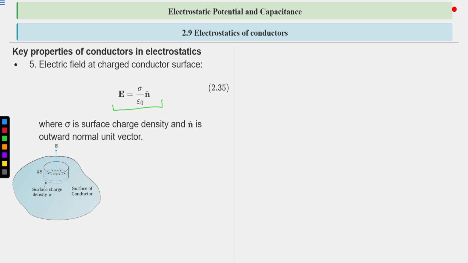Outside there is an electrostatic field due to this surface charge density, and the electric field is in the outward direction due to these positive charges. If the surface charge density is due to negative charges, the electric field will be in the opposite direction. So now there is some electric flux through this pillbox surface.